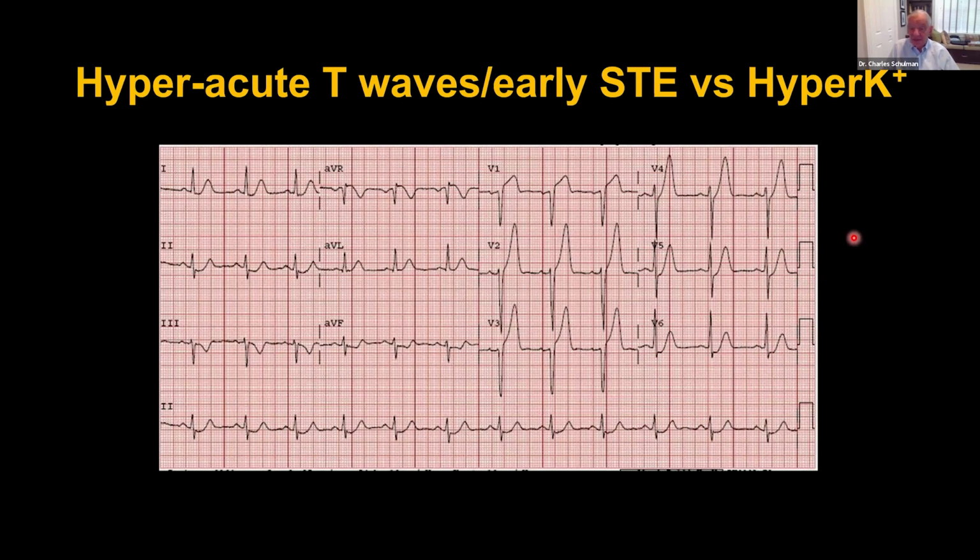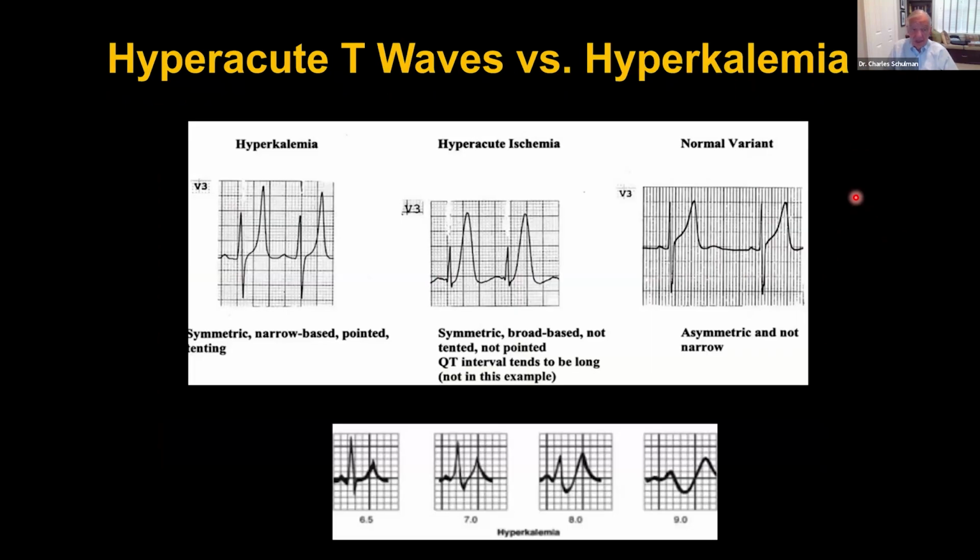All right. Well, you notice how these are certainly tall T waves and certainly raise the question of hyperkalemia, don't they? But there's a difference. And this is the difference.